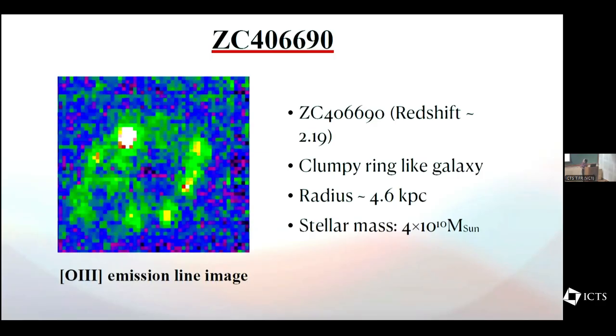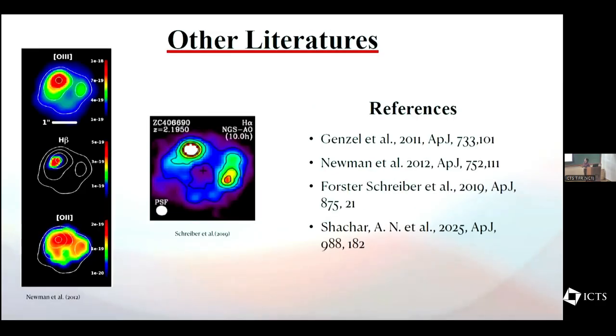This is a galaxy at redshift 2.19, a clumpy ring-like galaxy, with a stellar mass of 4 times 10 to the power 10 solar masses and a radius of 4.6 kiloparsec.